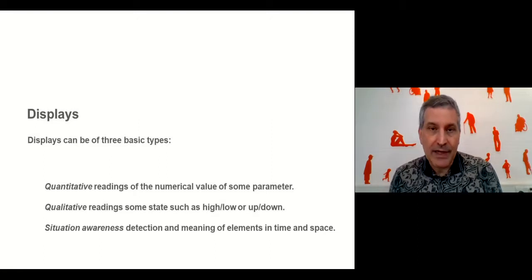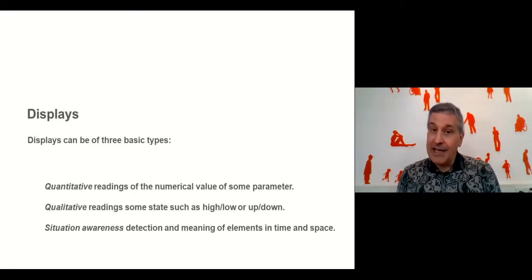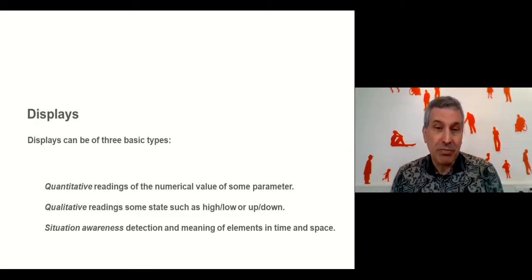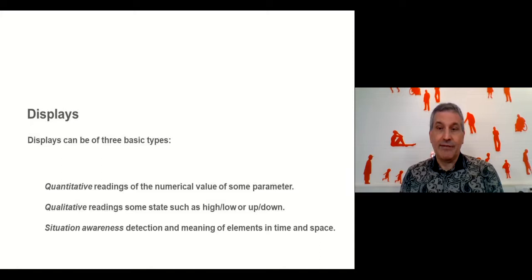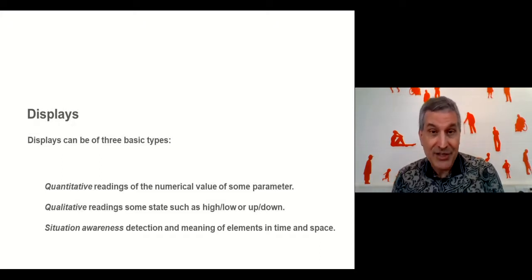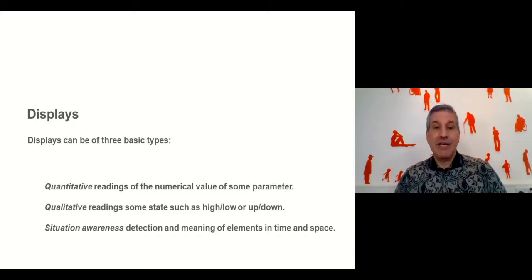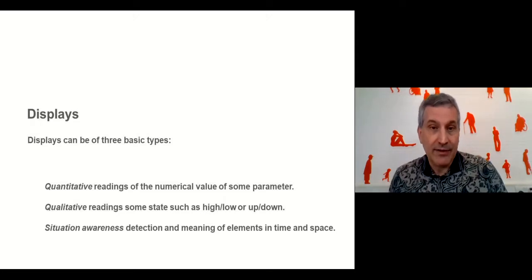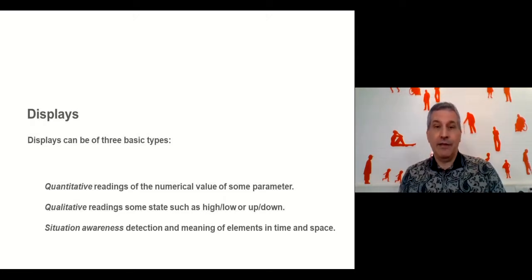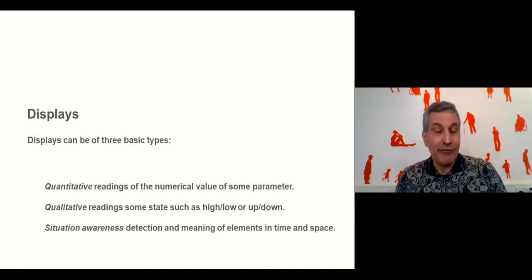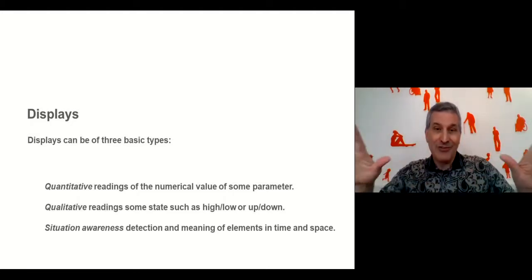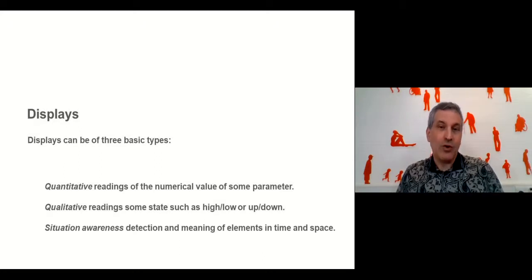And situation awareness, very related to cognitive workload that we had discussed previously. Situation awareness are all those display systems which give us more than one type of information usually, because the objective of a situation awareness display is not to tell you about one particular thing. It's to try to inform you about the general situation that's going on.